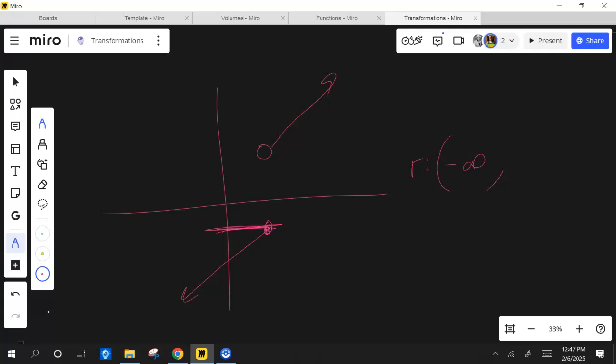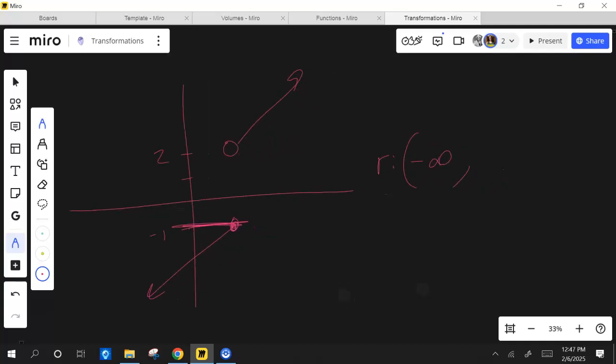Let's say this is negative 1, and let's say this is 2. It stops at negative 1, it can be negative 1, but then where does it pick back up? 2. And it goes up forever.